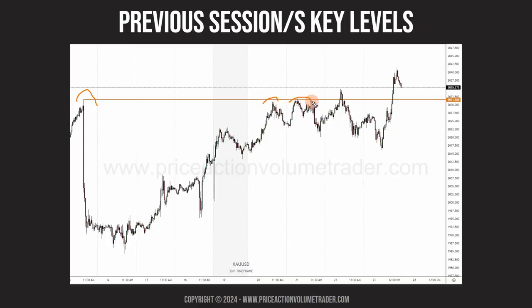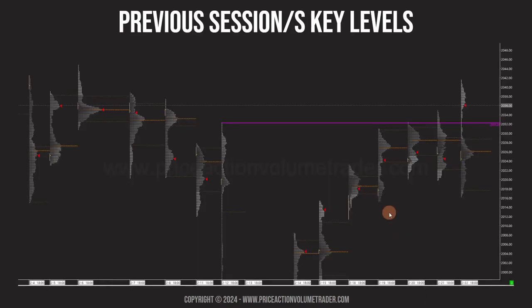But Tuesday, Wednesday, Thursday, we experienced some big resistance right around last week's high. And then Friday, we finally had our breakout right here. This would have been a very important level to track for our intraday trading.